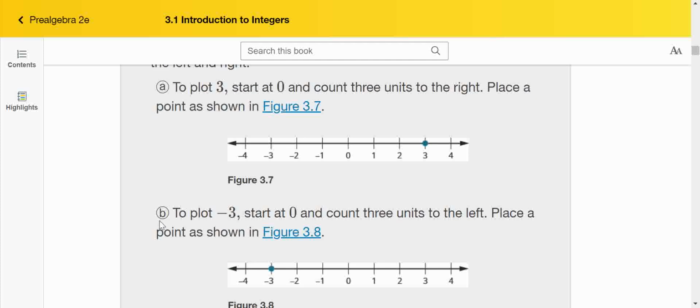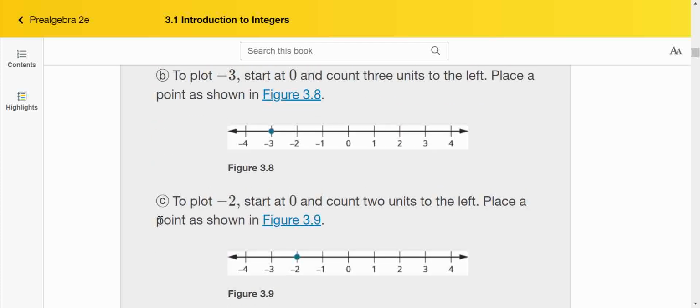For B, to plot -3, start at 0 and count 3 units to the left. Place a point as shown in Figure 3.8. For C, to plot -2, start at 0 and count 2 units to the left. Place a point as shown in Figure 3.9.